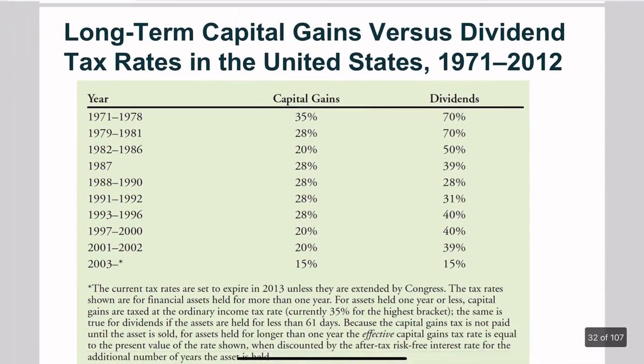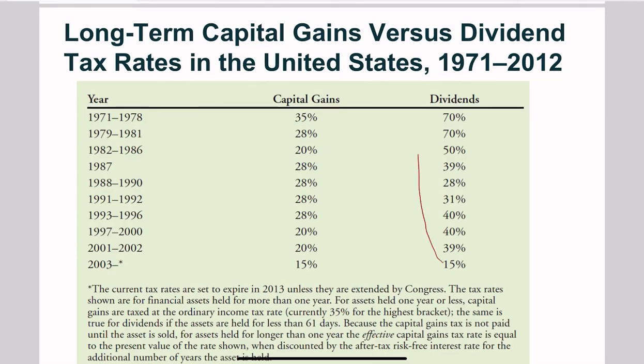And we also have a table about the US, and you can see that from this historical perspective, for most of the time, dividend has a higher tax compared with capital gains. And back in the 1970s, the difference is really ridiculous, right?